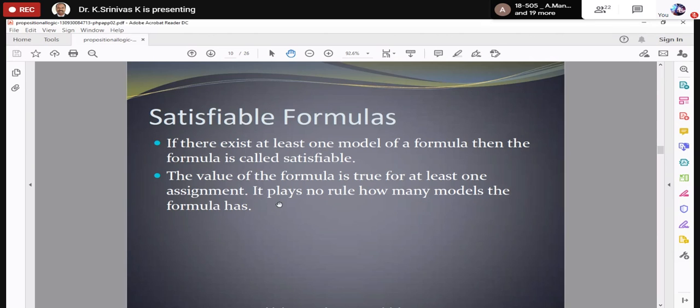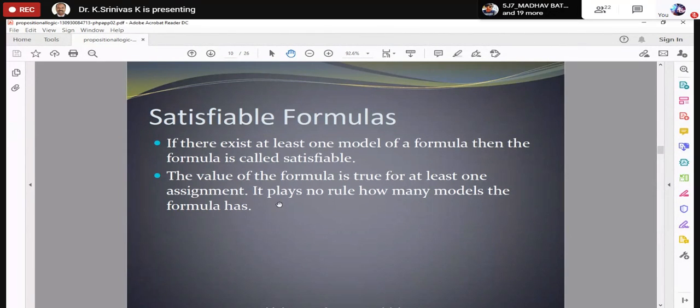Let us say we are putting four balls in a basket. At least one drops in the basket, then you are satisfied. That is the model of the formula. Otherwise, you are not satisfied. The value of the formula is true for at least one assignment.